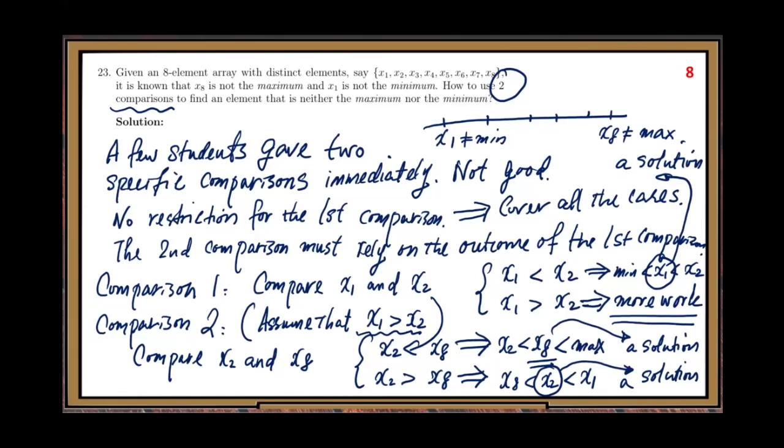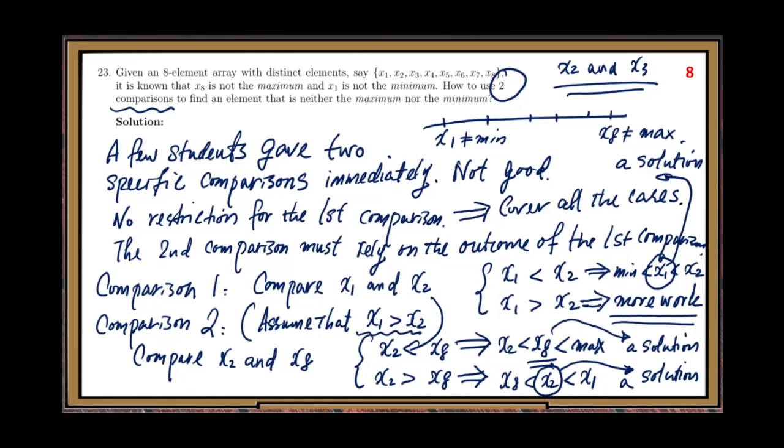So this is just one of the solutions. You can have other different ways to get a solution. For example, there is a way you do not need to touch x1. Your first comparison, you compare x2 and x3, and based on which one is greater and which one is smaller, you determine the second comparison.